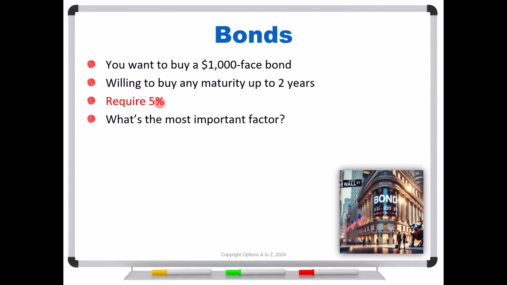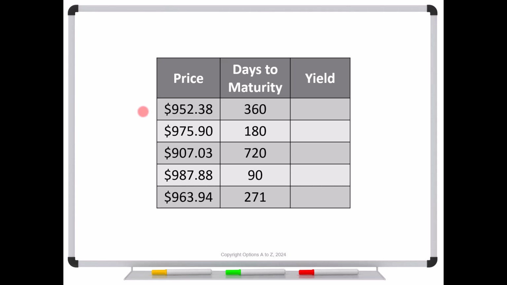So let's say that you look on your broker's platform and you're looking at all of these different bonds. We have 360 days to maturity, another one at 180 days, 720 days. Here's a 2-year bond, 90 days, and then one with 271 days. And here are all of the prices. So now think about it. If you're trying to fish around for a bond that meets your needs, which one do you take?